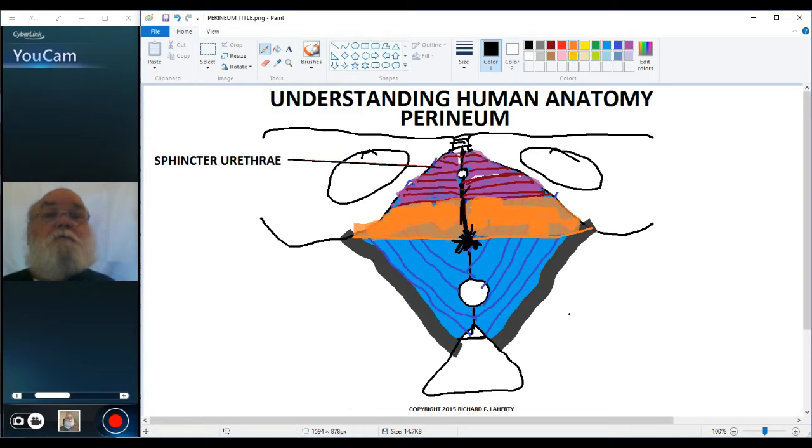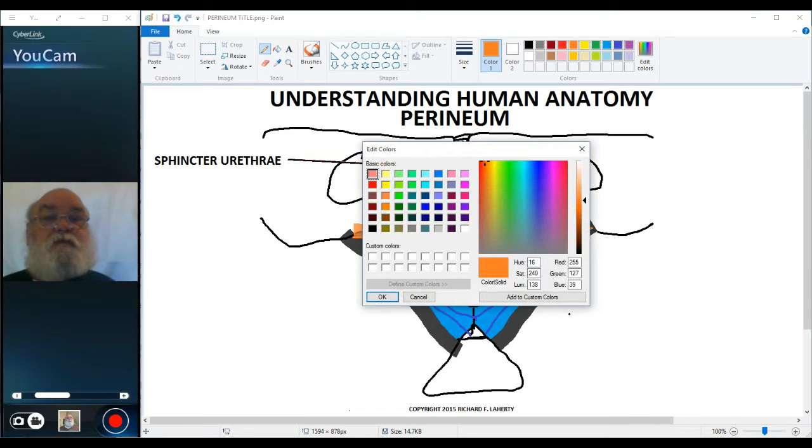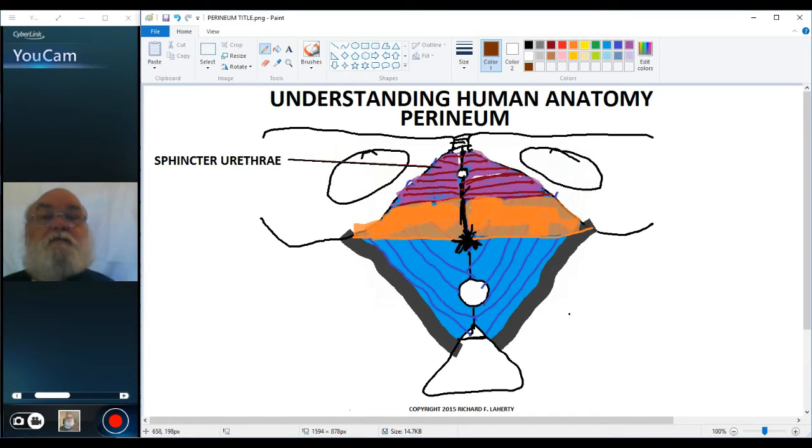And we'll draw some lines in to indicate the direction of the muscle fibers. And again, this is a transverse muscle. Its fibers are running transversely, like so.